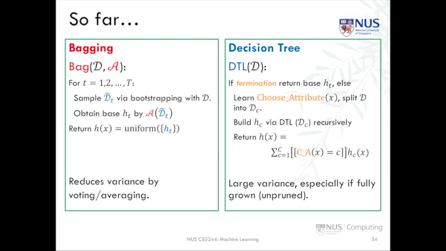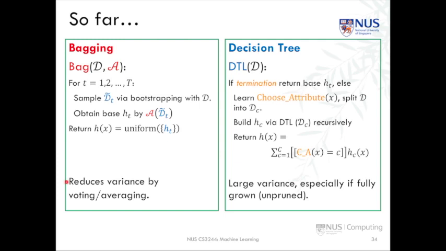We're going to obtain a base classifier for each one of these datasets by running the individual machine learning model on this. And we're going to return an ensembled classifier by taking a uniform vote of how each of the individual classifiers classified the X example.